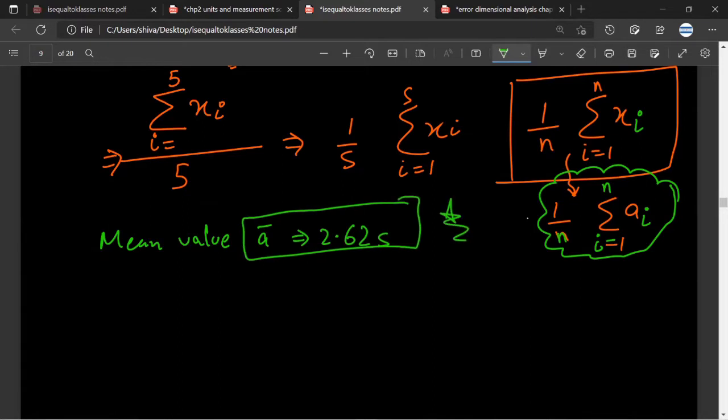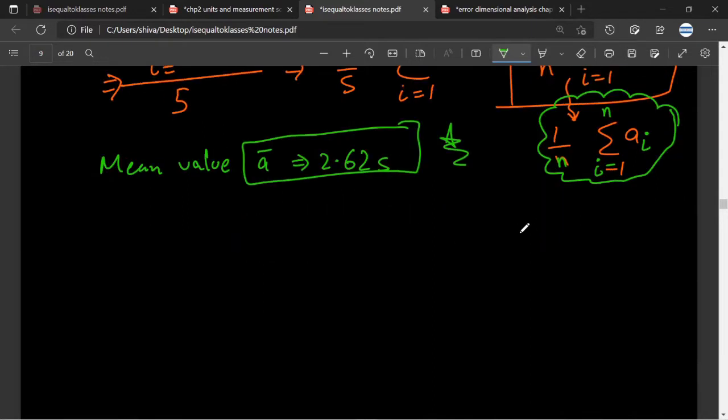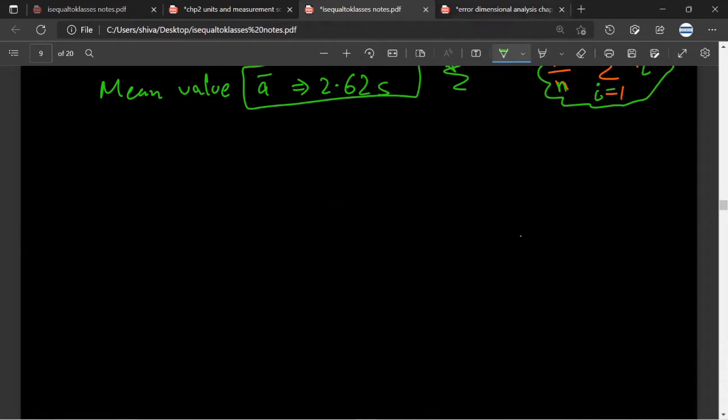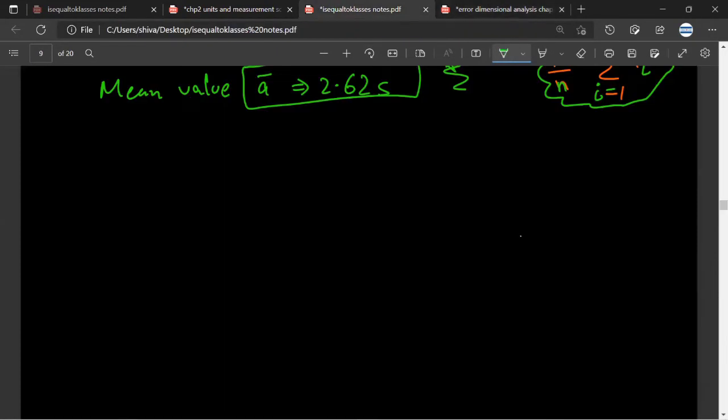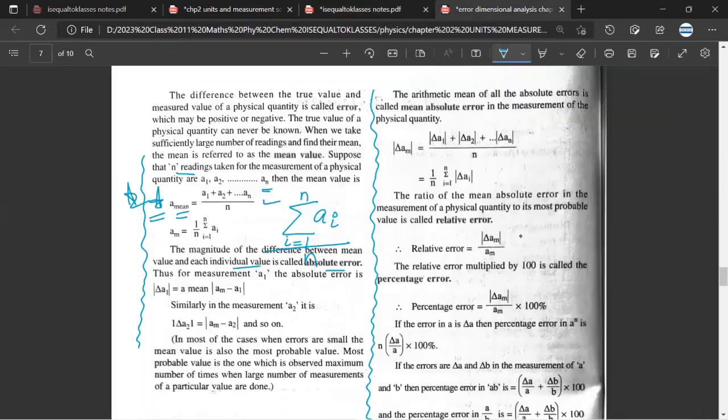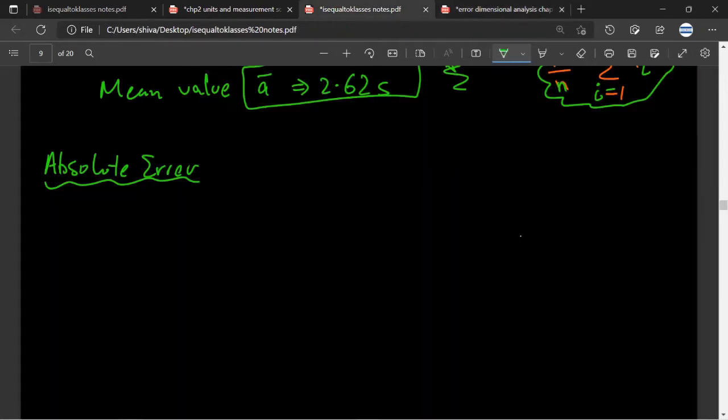Yeah. Okay. Now we want to understand what is called the absolute error. Let us first look at the definition. What they are saying is that absolute error is magnitude of the difference between mean value and each individual value. So let us look at the data.